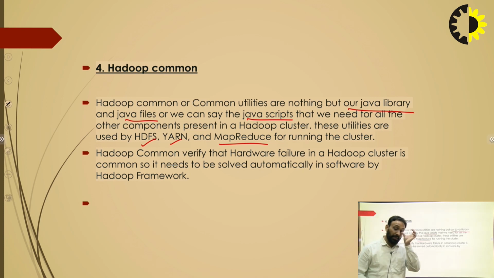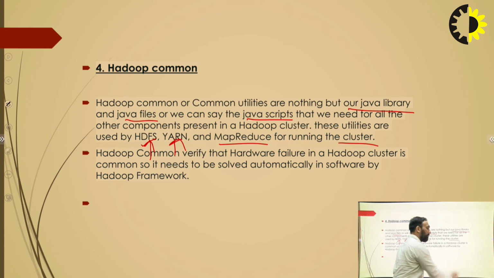As I said in the beginning, it is the repository of all the Java libraries that are required for execution, or we can say the support libraries to execute MapReduce, YARN and HDFS for running the data that are stored at different clusters.